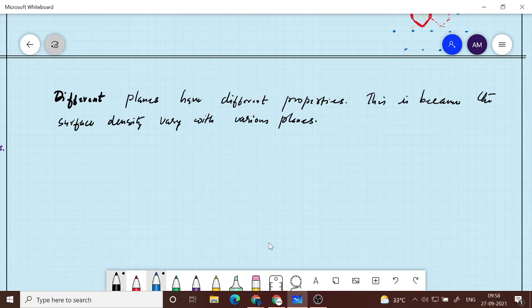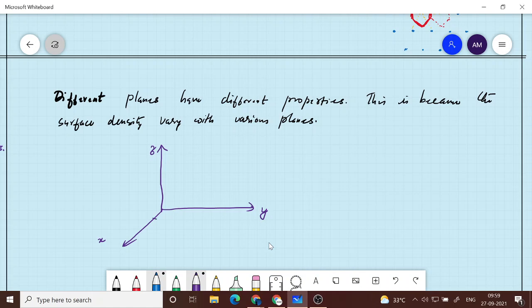So first of all, let us see how we can represent planes in a crystal. So for that, again, let's go back to this picture. So this is our say x, this is y, and this z. So a plane can be represented with the help of x, y, and z intercepts.